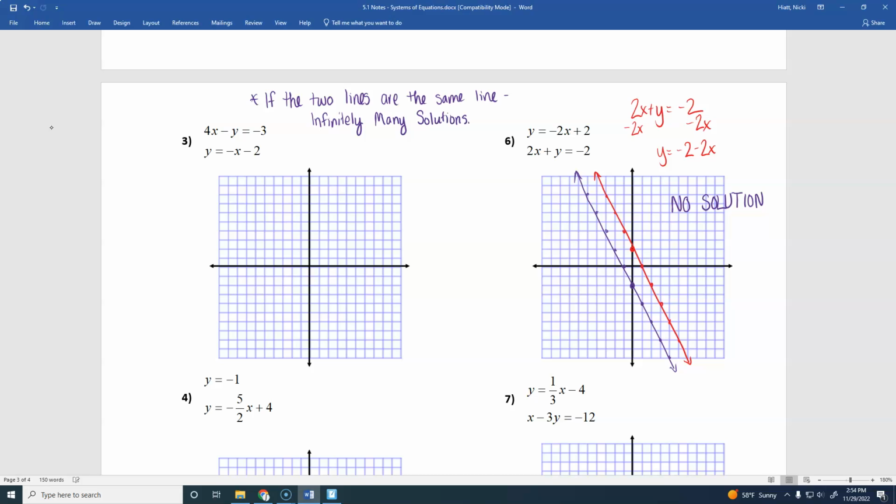I don't think it happens on these problems, but we'll probably see it somewhere to come. So if you solve them both for y and they end up being the exact same line, then it would be infinitely many solutions. Because if you have one line and the other line's the same, where do they touch? Everywhere, right? Everywhere on those lines. So it'd be infinitely many solutions.